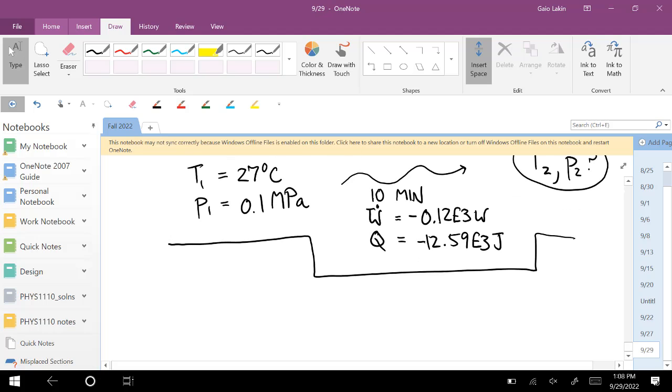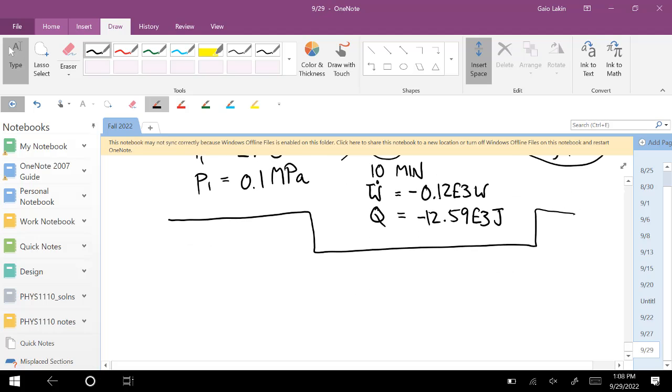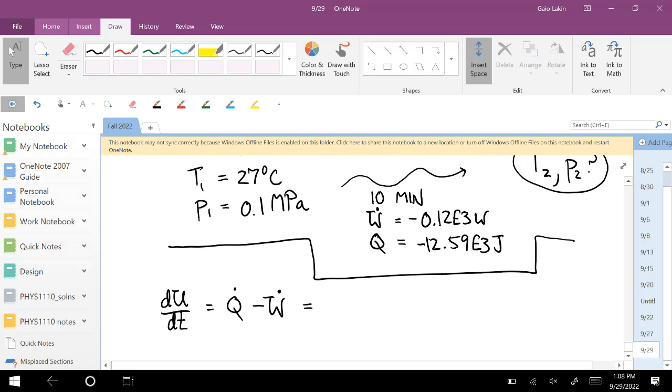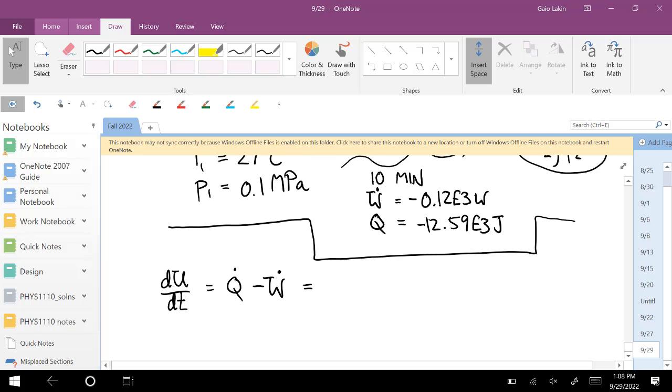Okay, so what do we know? We can start out with dU/dt equal to Q dot minus W dot. This time of 10 minutes is 600 seconds.